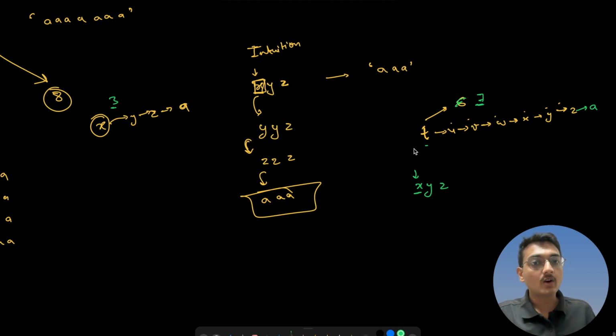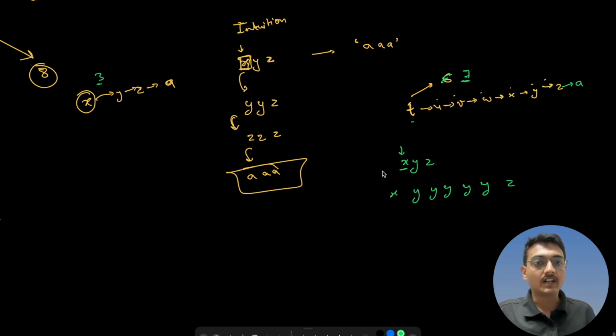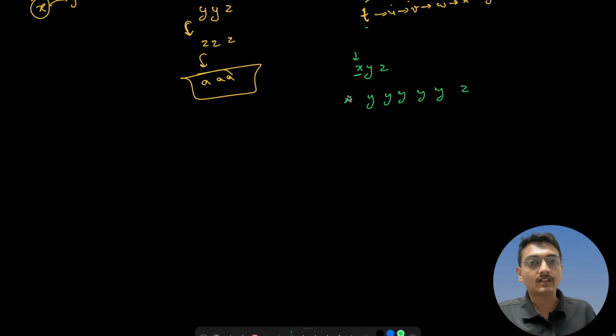Say we have X, Y, and Z. I will start from the lowest character and convert it to Y, so my result will be Y, Y, and Z. Now in one operation, I can convert all of the Y's to Z. So I will convert them to Z.